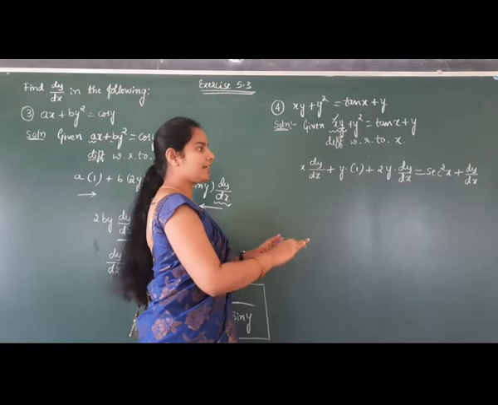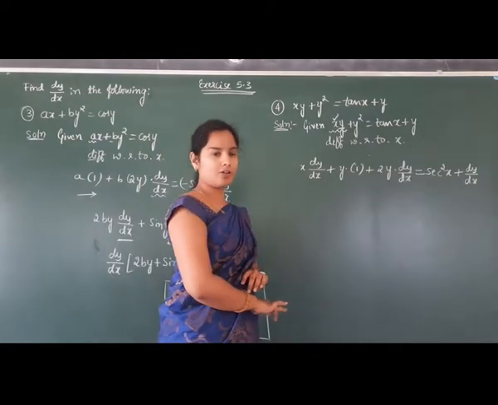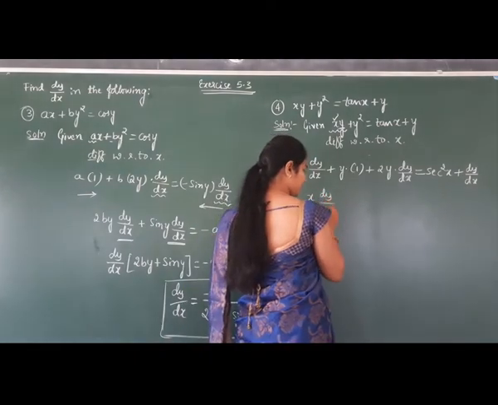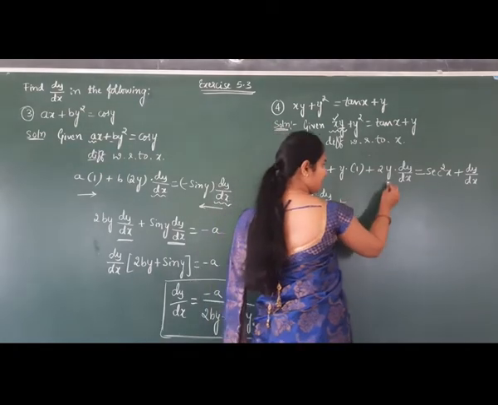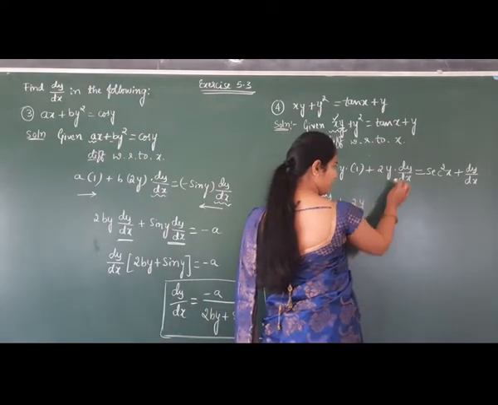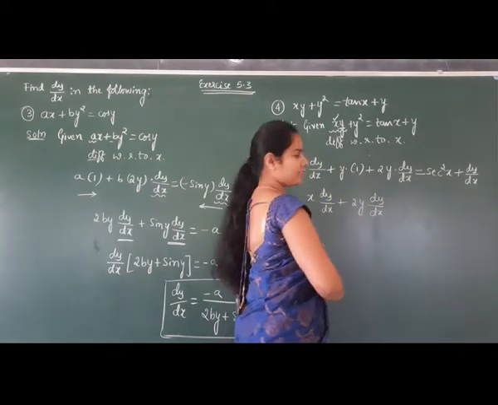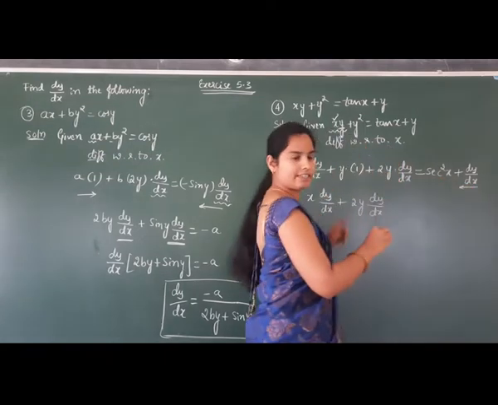So now collect all the terms of dy by dx on LHS. So now we have x into dy by dx plus 2y into dy by dx. So transfer this to the LHS.